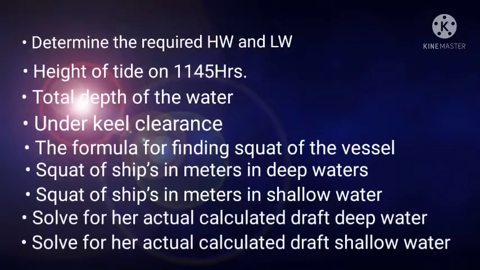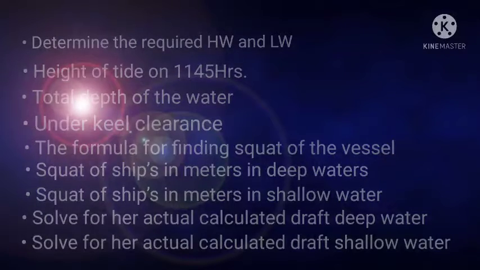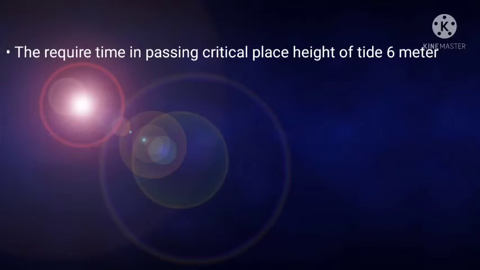Solve for the actual calculated draft in deep water, the actual calculated draft in shallow water, and the last is the required time in passing the critical place, height of tide 6 meters.